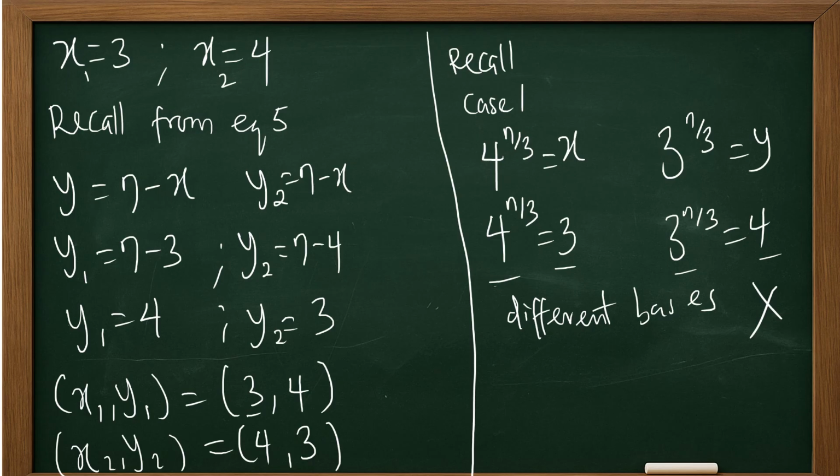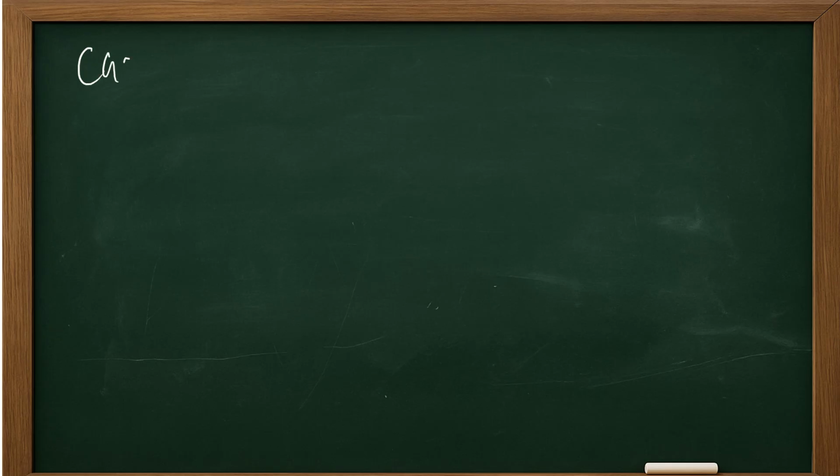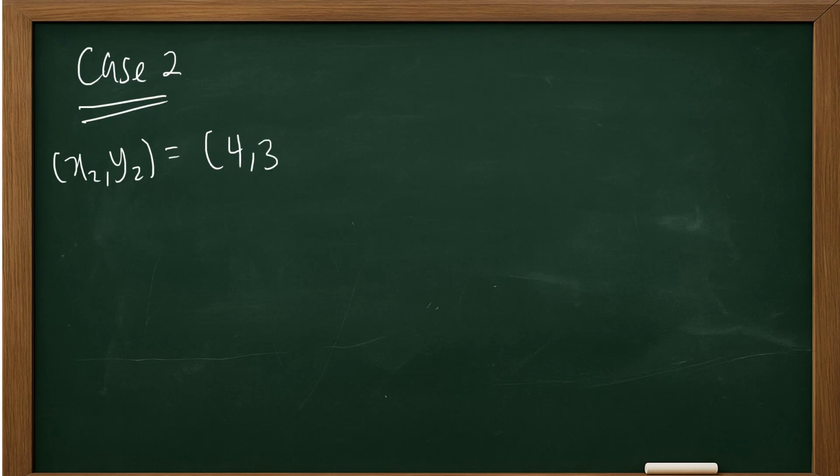So in the next slide, we have case number 2. That is, we have x2, y2. And my x2, y2 is 4, 3. So here we have 4 to the power of n over 3 equals to x, which is the condition given, and 3 to the power of n over 3 equals to y.